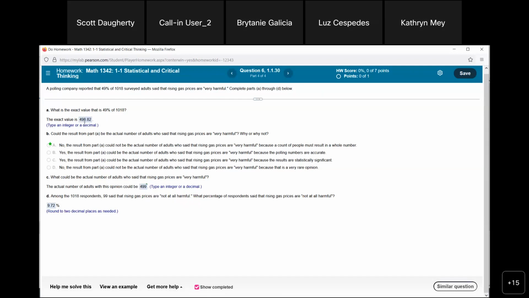And then after that, you'd have to actually see what percentage you would get for each number. So what's the percentage for 499, and what's the percentage for 498? And if one of them rounded to a different number, then we know that the other number must be correct. So in this case, 499 rounds to 49%, and I believe 498 must round to 48%. And that means 499 is the correct number.